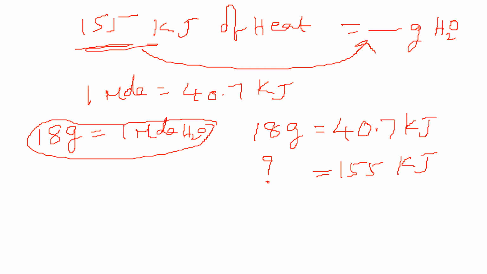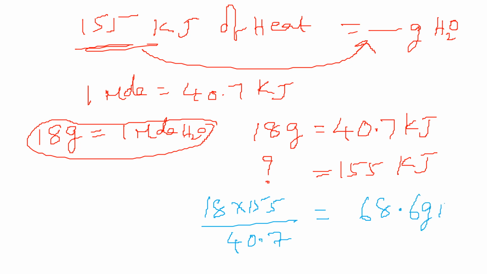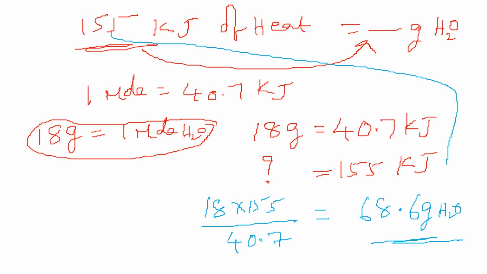It is 18 into 155 divided by 40.7. Finally you will get 68.6 grams of water. So 68.6 grams of water requires 155 kilojoules of energy. So like this you have to do.